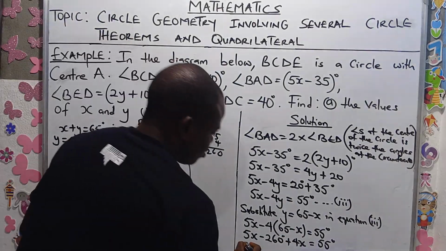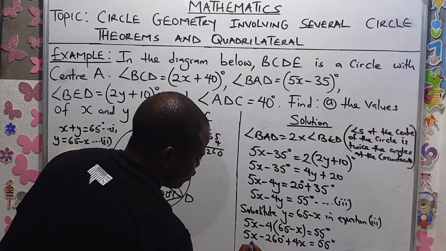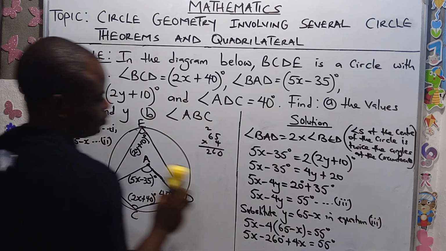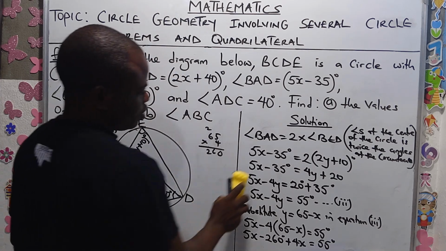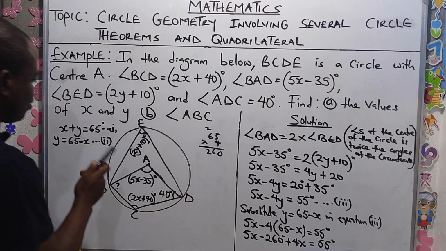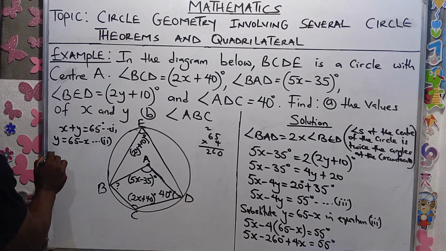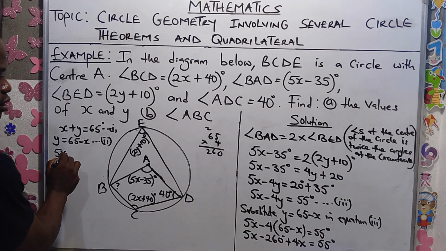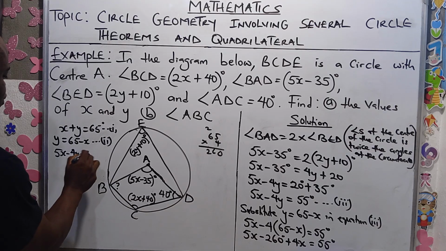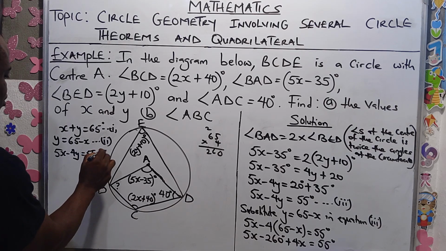Now let's collect the terms. Equation 3 is 5x minus 4y equals 55. That's equation 3.